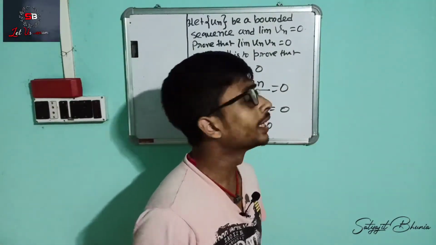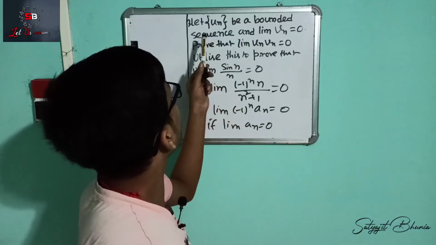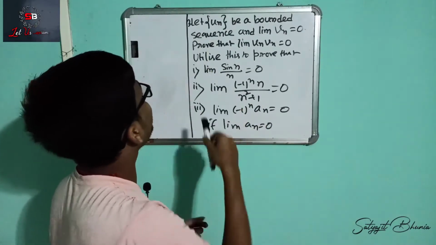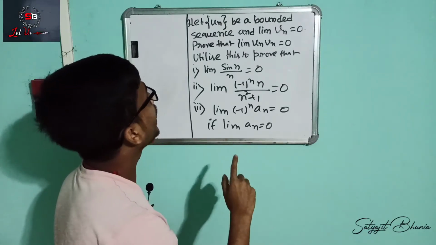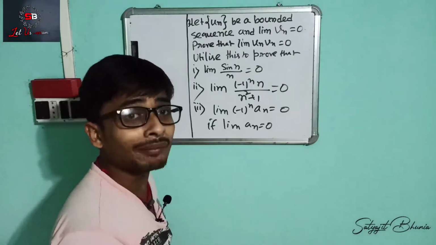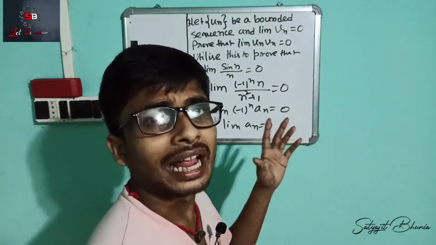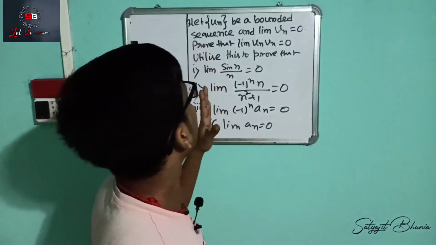Okay, now quickly move on to the third question, which is: let un be a bounded sequence and limit vn is equal to 0. Then we have to prove that limit un vn is equal to 0.